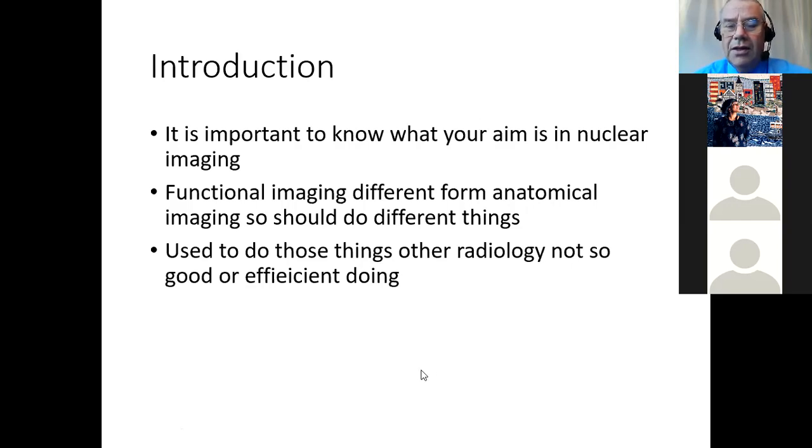And with things like MR, for example MR breast, you can pick up tiny things, 1 or 2 millimeters, which we can't see. So we have to understand where nuclear medicine is good, but also where other radiological techniques are not good, and how we place ourselves.